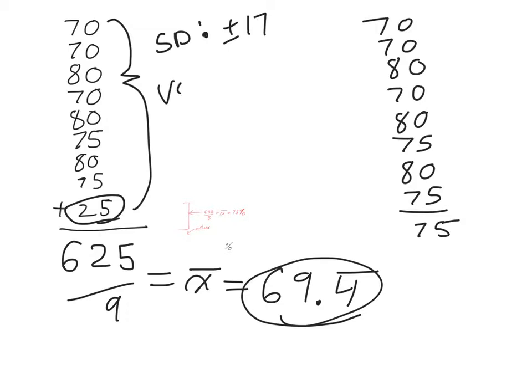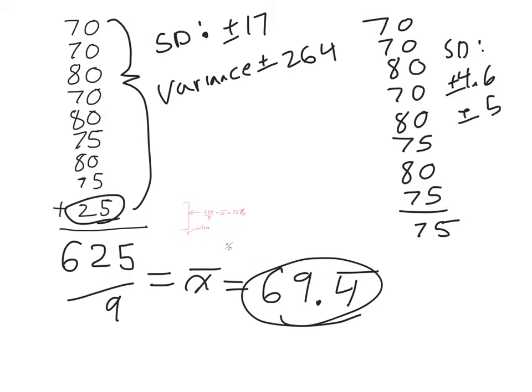The variance, hold on to your hats, is a whopping plus or minus 264. Whereas for this group, the standard deviation is a measly 4.6 plus or minus. We'll call it plus or minus 5. And the variance is simply plus or minus 19.